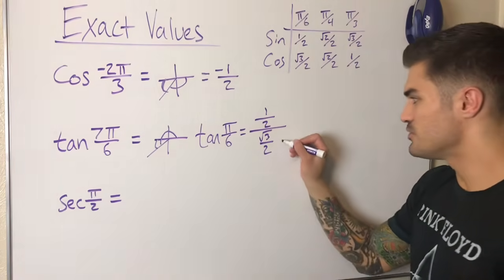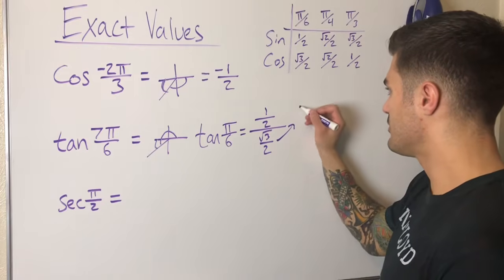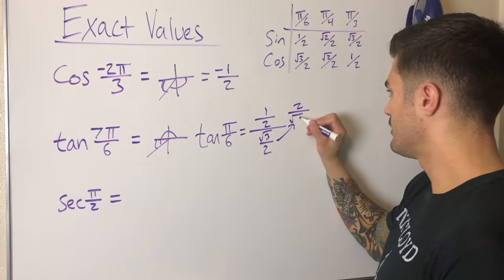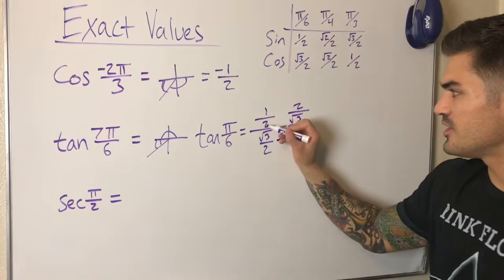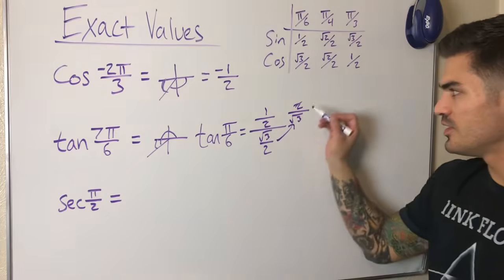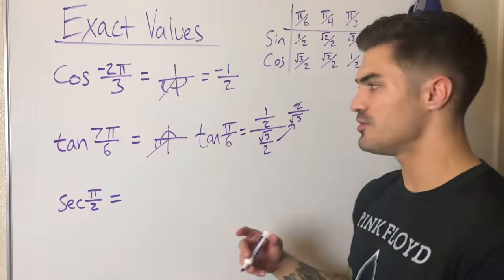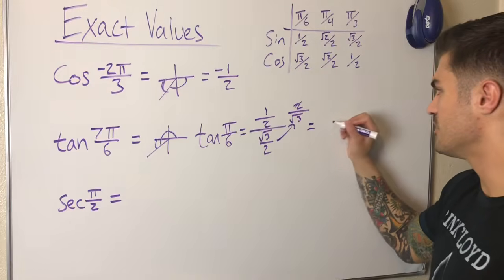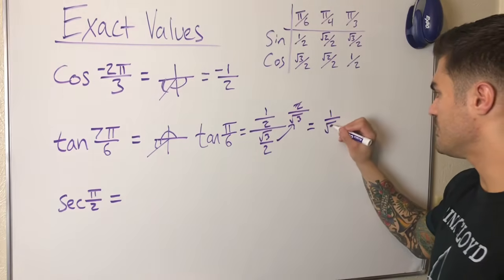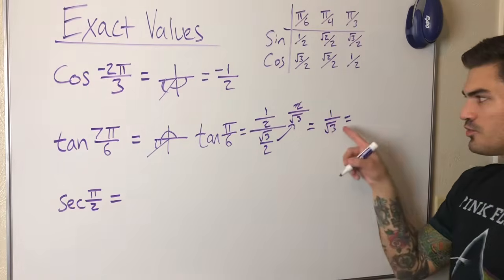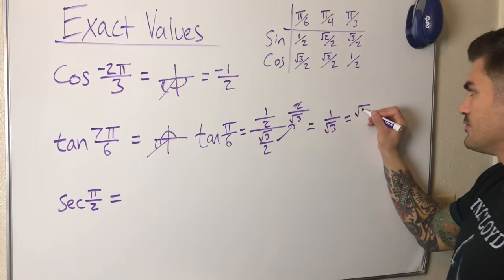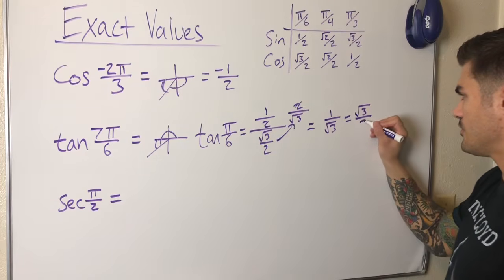Since I'm dividing two fractions, I can flip the bottom and multiply. My 2's are going to cancel pretty nicely here, and I'm left with 1 over root 3, which we usually rationalize the denominator. If I multiply by root 3 over root 3, I'll be left with root 3 over 3.